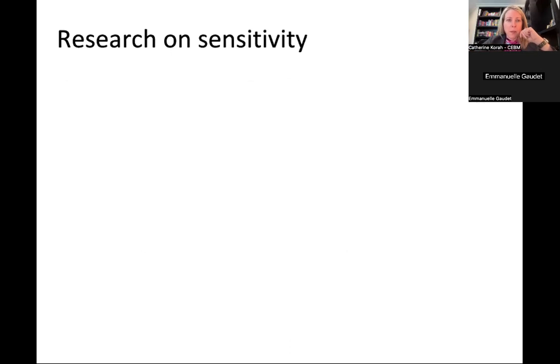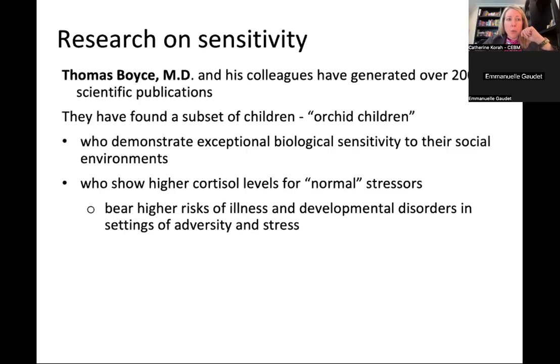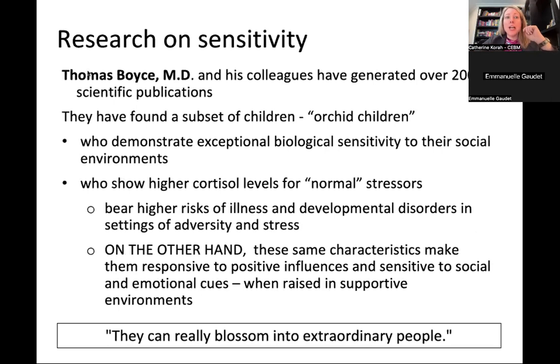Other examples of research in this domain is Thomas Boyce, who is a doctor, and over the years he has generated over 200 different scientific publications on sensitivity. He has coined the term orchid child, kind of moving away from the term hypersensitivity and just using a different term, but we're talking about the exact same thing when we're using the word orchid.